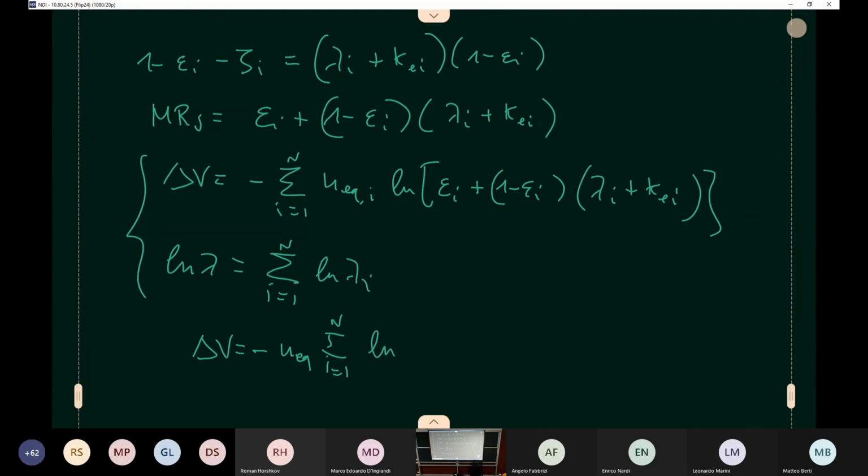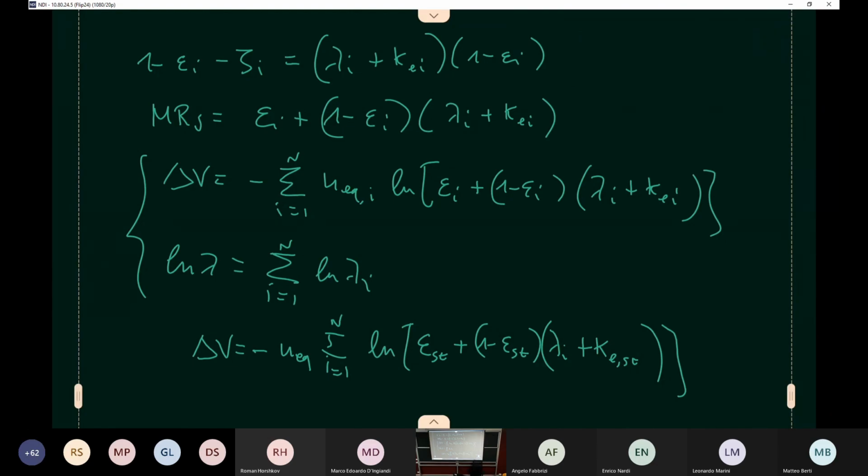Now we have here epsilon plus 1 minus epsilon, our unknown, which is lambda_I, plus k_E, which is also the same for all stages.